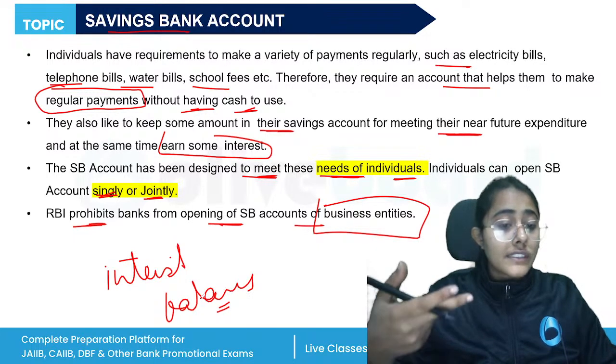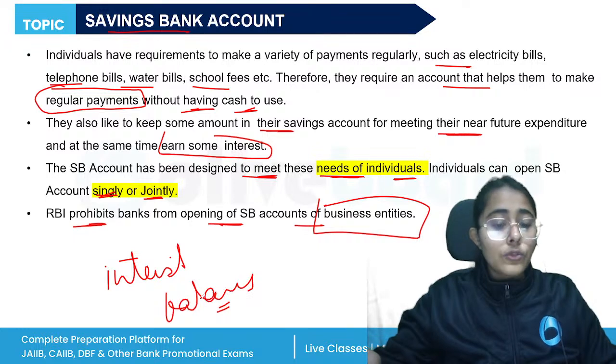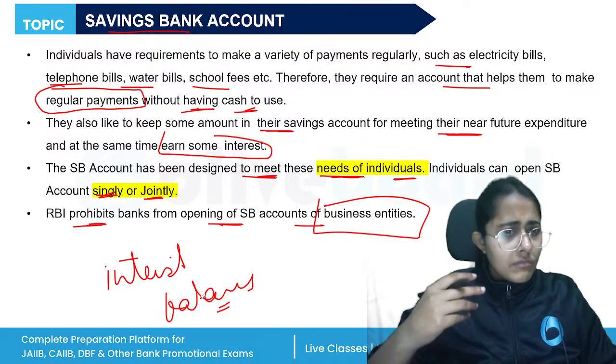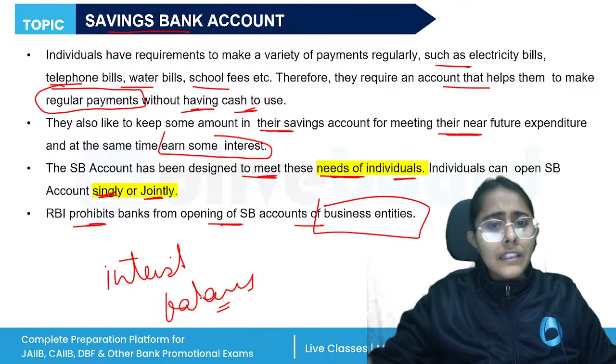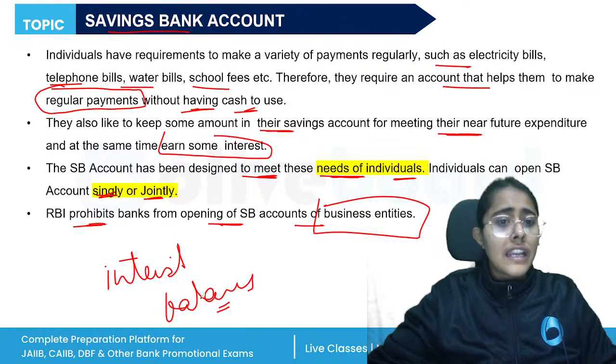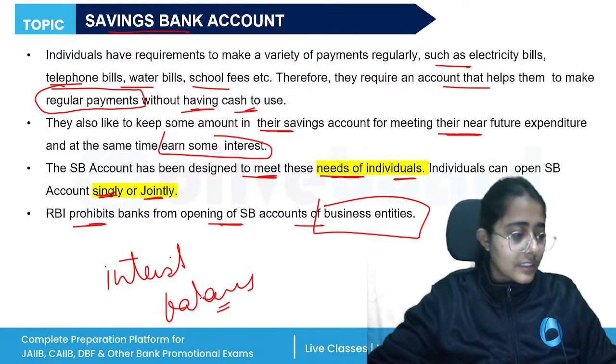The savings account passbook can be used as an identity and residential proof of the account holder for doing online shopping, internet banking, and keeping records of all the online and digital transactions. These are the importance or advantages to the customers.